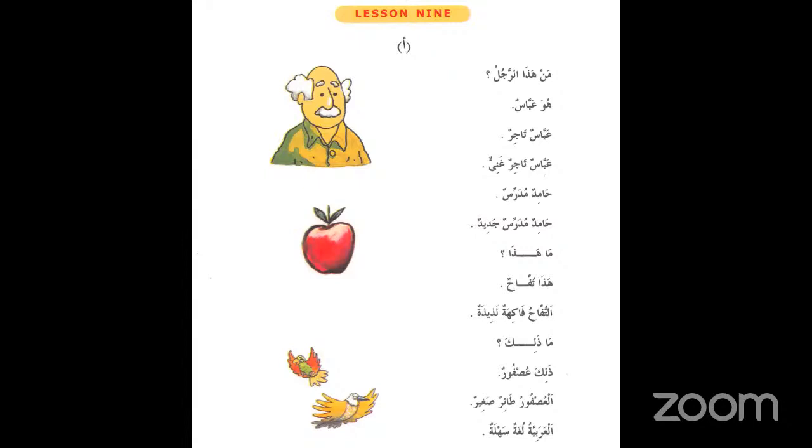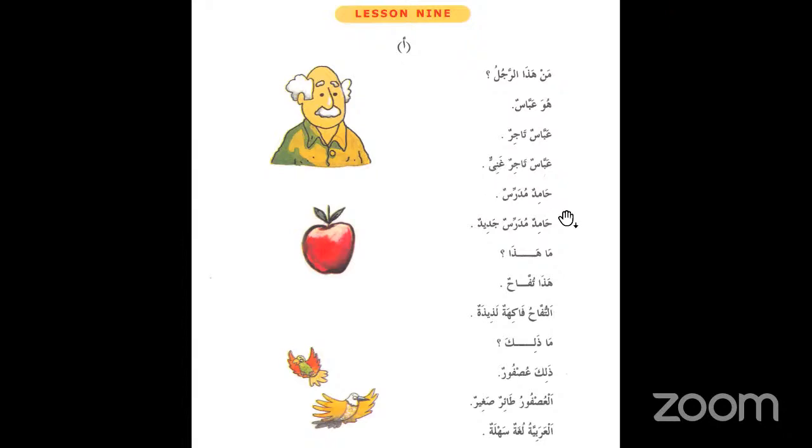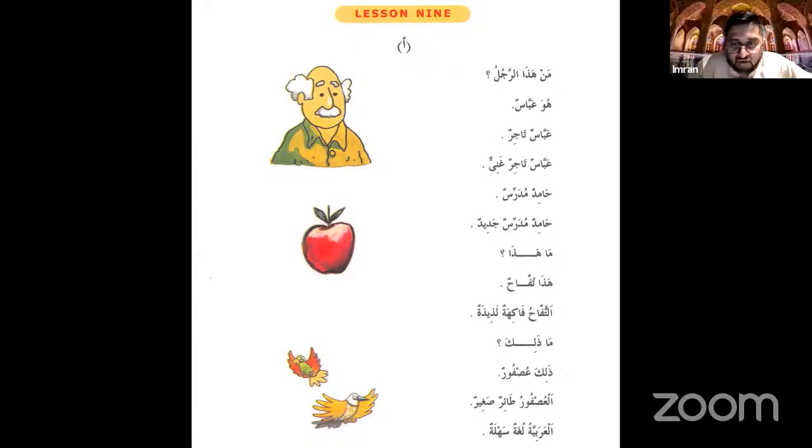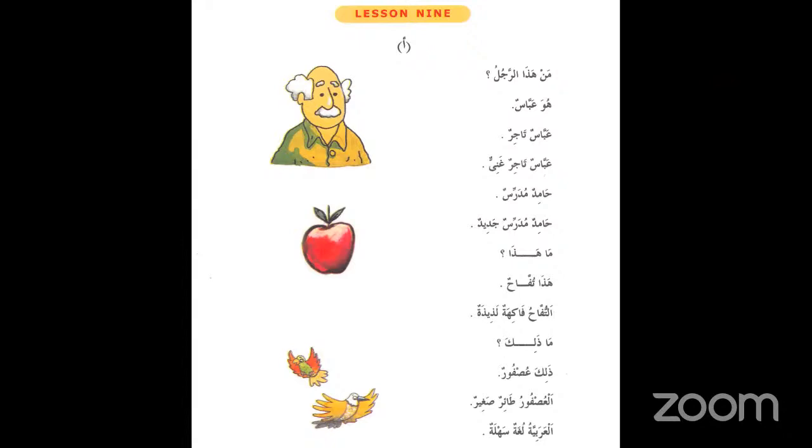Abbas is a rich merchant. So you see the word tajirun without alif lam, ghaniyun without alif lam. Tajirun masculine, ghaniyun masculine. Tajirun singular, ghaniyun singular. Continue. Hamidun mudarrisun jadidun. Hamid is a new teacher. Excellent. Jazakallah both of you sisters.